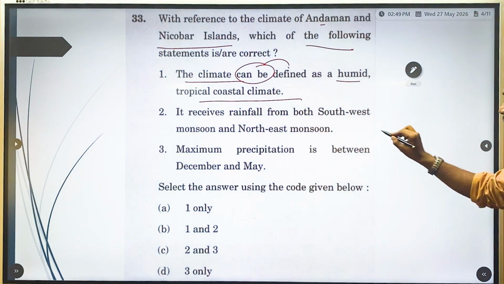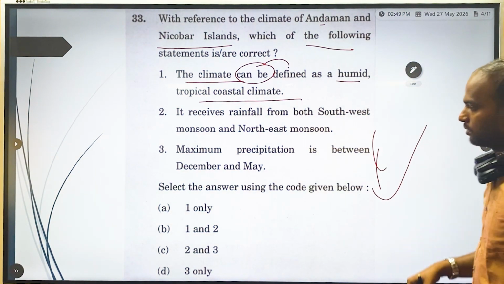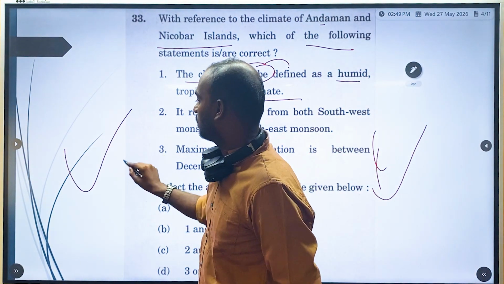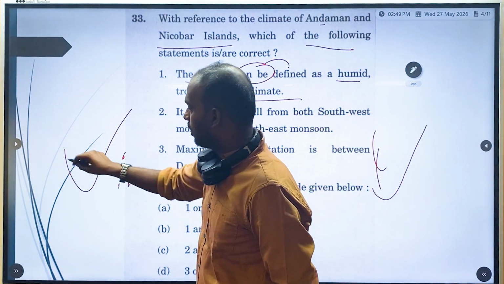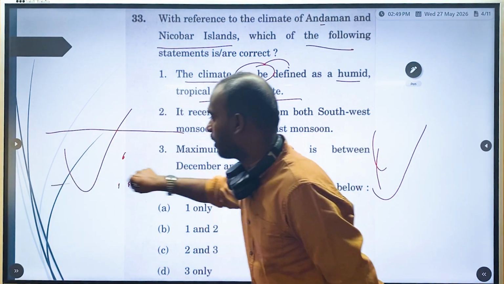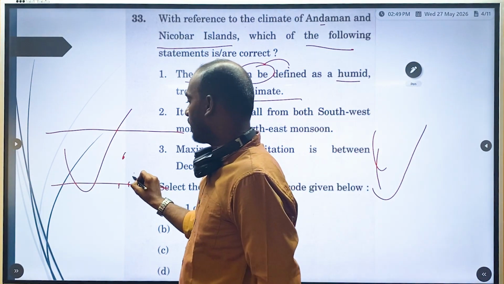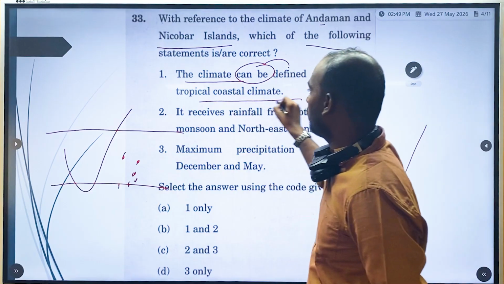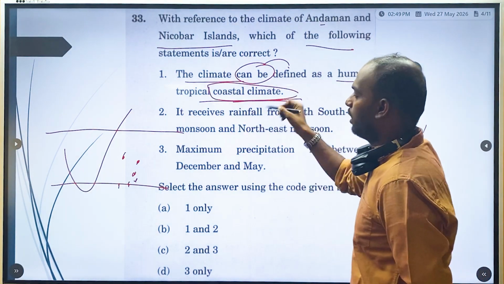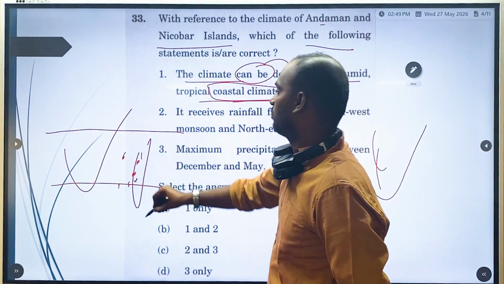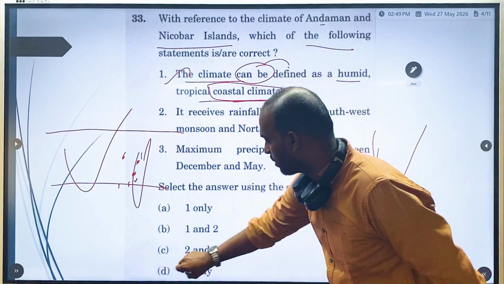See, Andaman and Nicobar is present here. It also falls under the tropical region only. So it has a tropical and also a coastal character, a tropical coastal climate. Fine, statement 1 is correct.